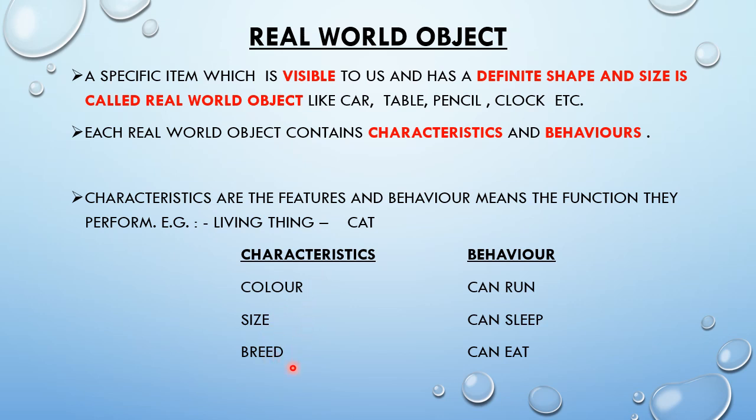So these are characteristics, or we can say features. Now the behavior. Behavior means what are the functions of cat, what they do, what they perform. They can run, cat can sleep, and cat can eat. So these are called behavior. Whatever they perform, whatever they do, or their functions are called behavior. Fine.